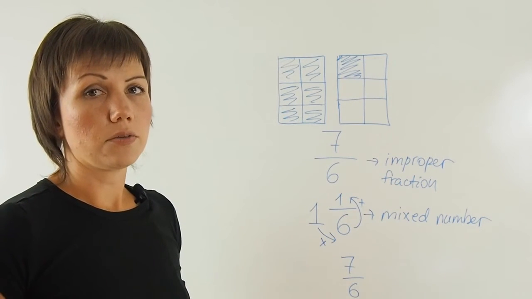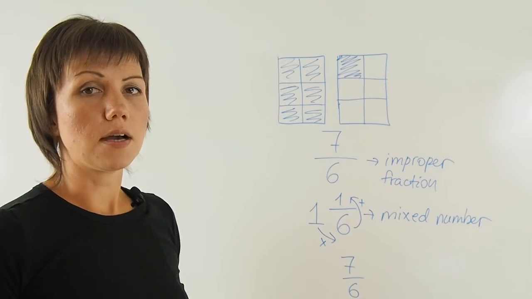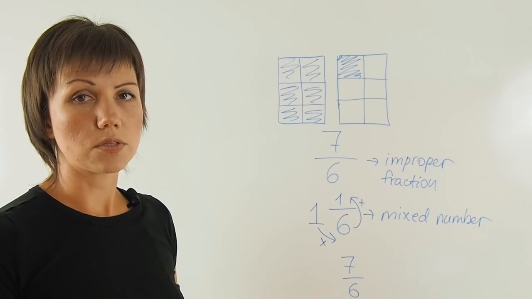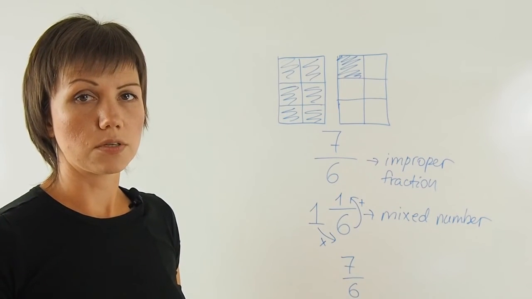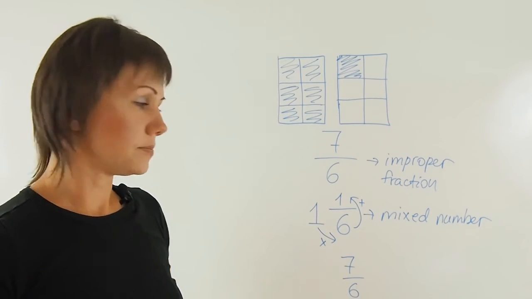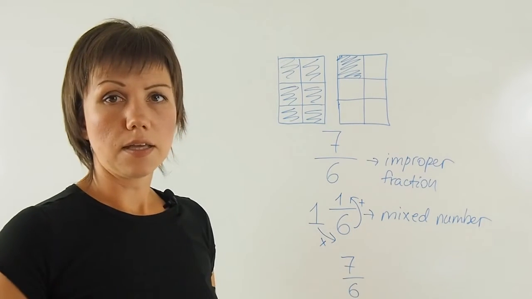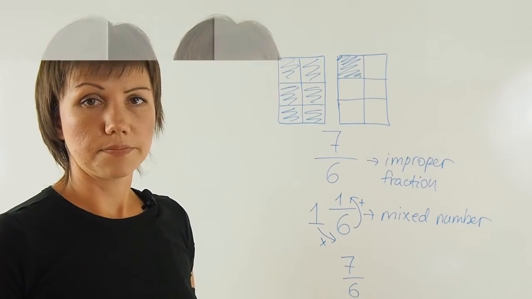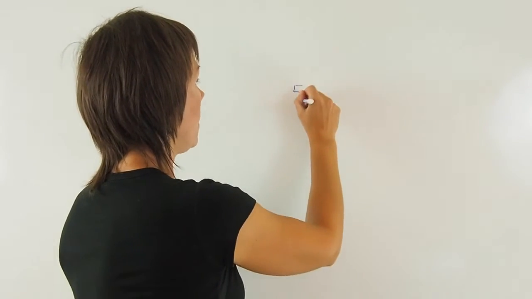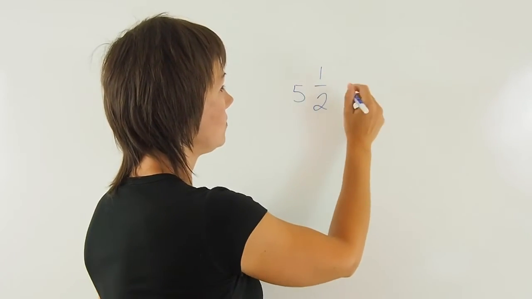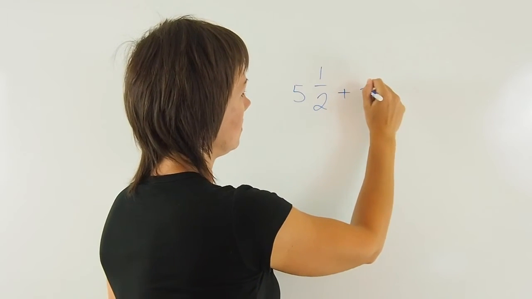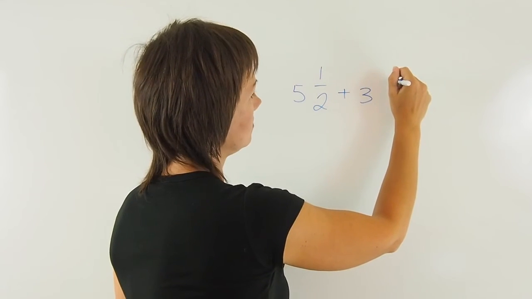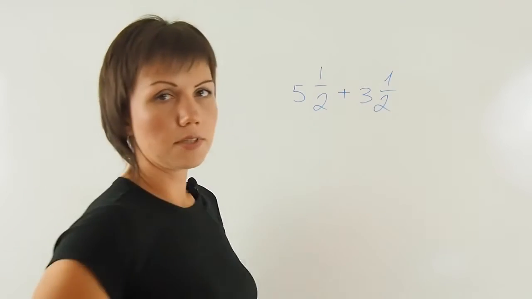Mixed numbers are useful when you're trying to see how many parts and wholes of something was used or you've taken. You can add and subtract mixed numbers. In order to add two mixed numbers with the fractional part that has the same denominators, just do this. Say you have 5 and 1/2 and you want to add 3 and another 1/2, right?